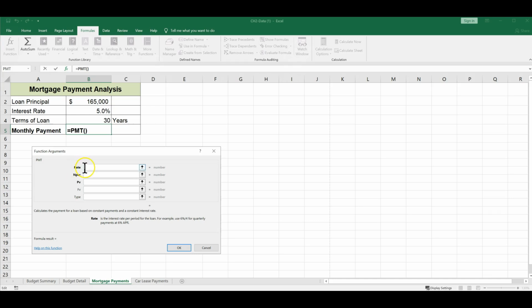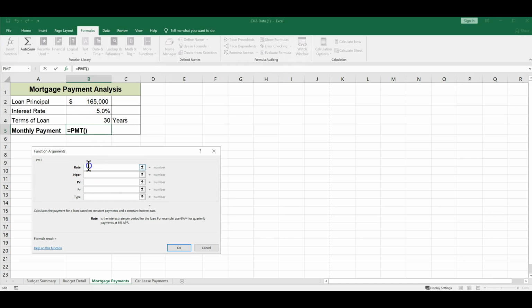So it's telling me in each of these boxes, it wants to know what is the rate. The rate is the interest rate for the period for the loan. For example, use 6% divided by 4 for quarterly payments at a 6% annual rate. So our interest rate here is 5%.